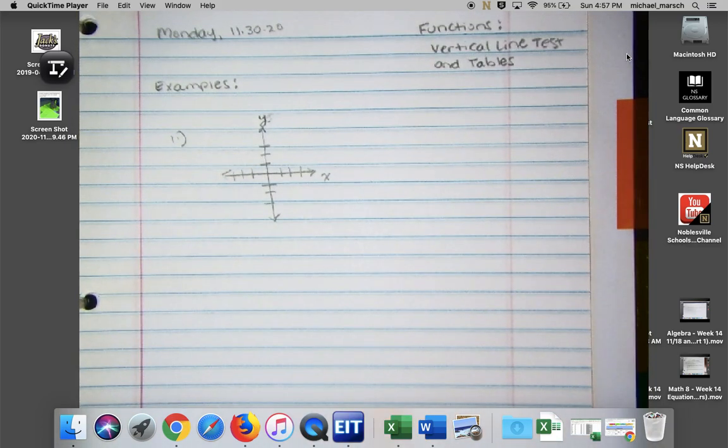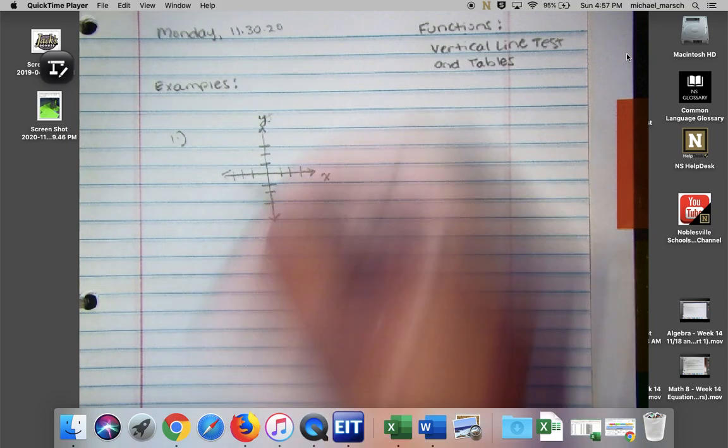Okay. So what we're going to do is, you need a colored pencil. I suggest red. Okay. Red is going to be what we use for our vertical line test situation. Looks like I'm only seeing mahogany, but I think it'll look red. Okay.